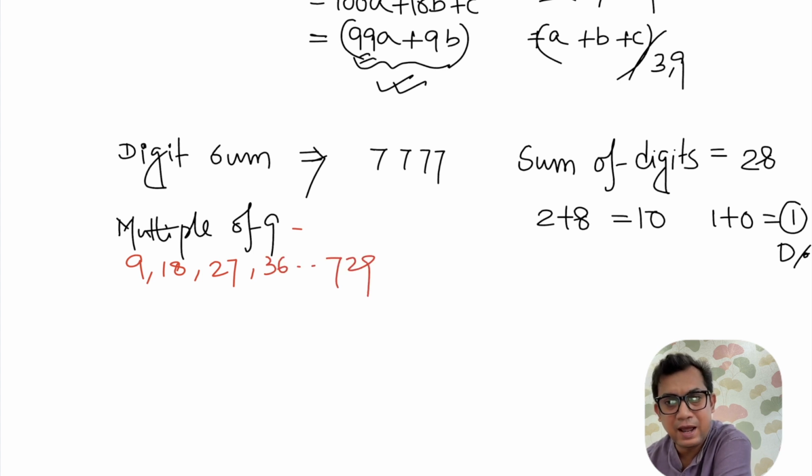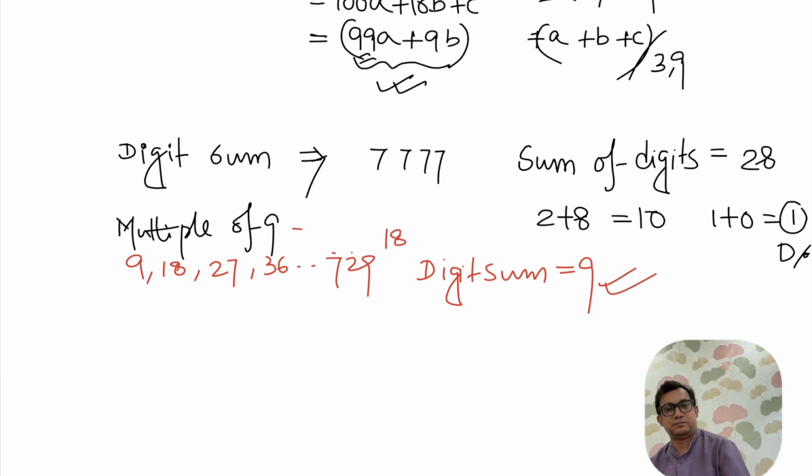All the numbers have the digit sum as 9. Check it out. 1 plus 8 is 9, 2 plus 7 is 9, 3 plus 6 is 9. Even 729: 7 plus 2 plus 9 is 18, and 18 is 1 plus 8, which is 9. Got it?